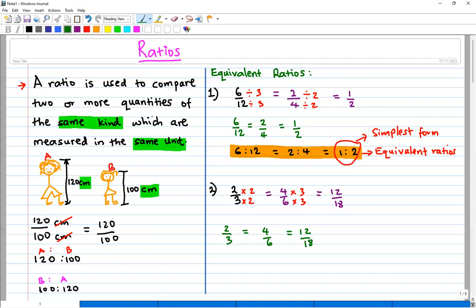Now, to write this as a ratio, we simply have to say that 2 out of 3 is 2 to 3. 4 out of 6 is 4 to 6. And 12 out of 18 is 12 to 18. That's all. So these are equivalent ratios.